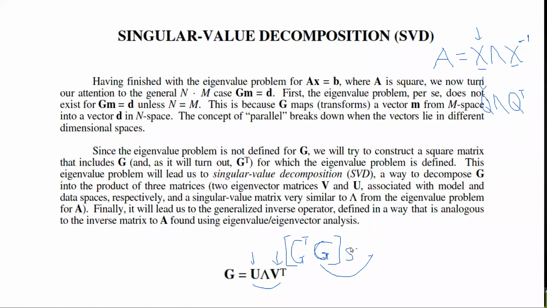Let's use X as the eigenvectors and lambda as the eigenvalues. So we find the eigenvectors and eigenvalues of G transpose G. We are avoiding finding the inverse as we did in the least squares problem, but now we're finding the eigenvectors and eigenvalues since G transpose G is a square matrix.